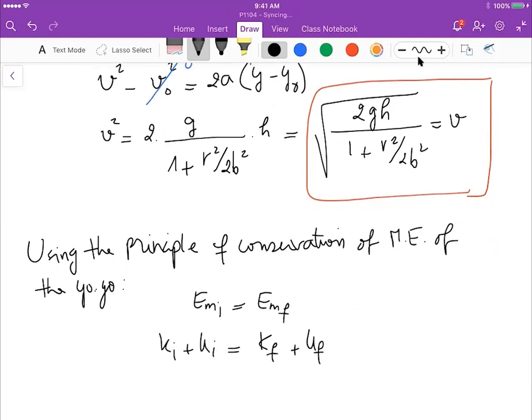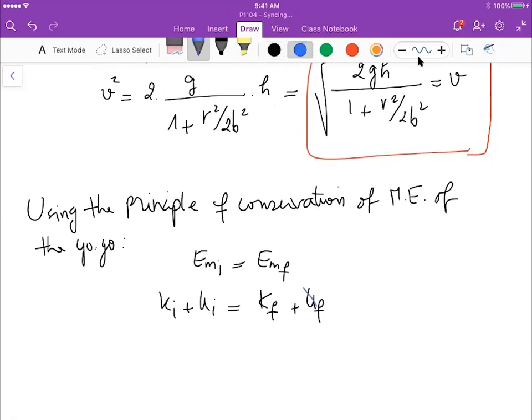Now, if we take the final position to be our reference for the gravitational potential energy, this becomes 0. And at the initial time, it was released, so K initial is equal to 0. So we end up with the mass of the yo-yo, which is 2m, times g times h, because the yo-yo was at a height h from the final position, in the initial position, is equal to the kinetic energy.